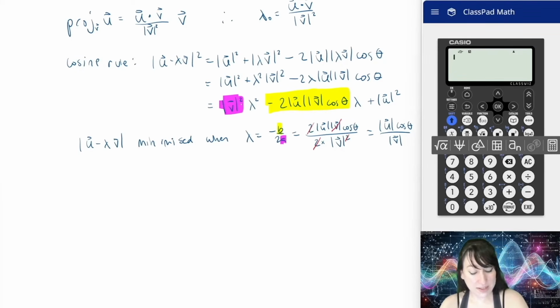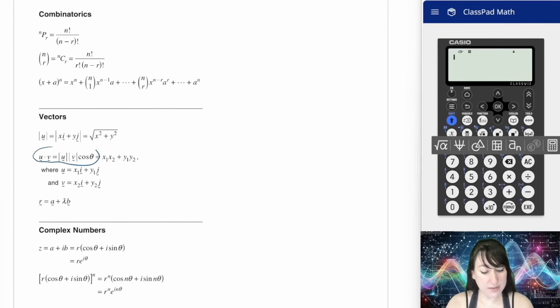We can get an expression for cosine theta in terms of u and v via the dot products. So let's take a look at the reference sheet. So this here tells us that u dot v is the length of u times the length of v times cosine of the angle between them. Solving that for cosine means we have cosine theta is u dot v over length of u times length of v.